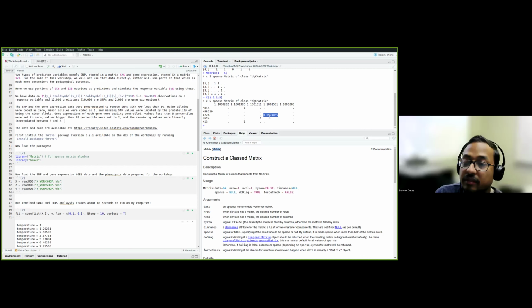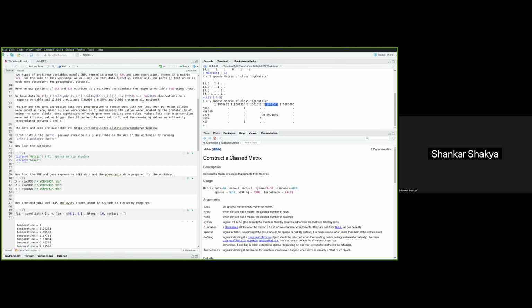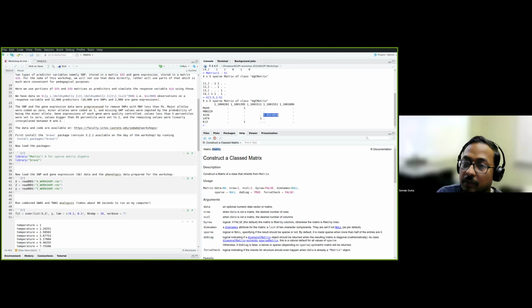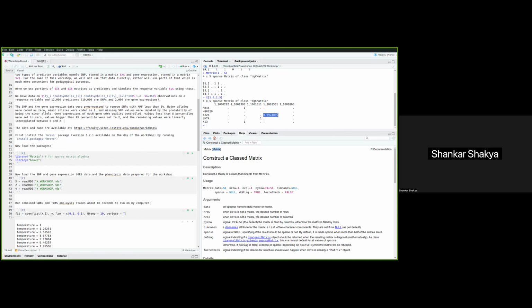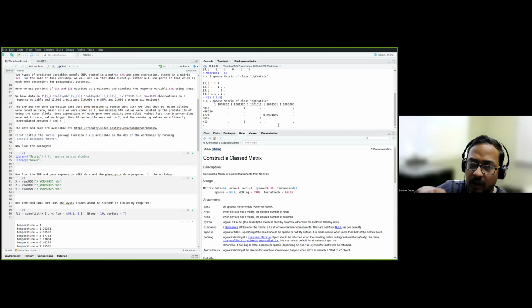So these were missing values and they have been imputed. For genotype 4226, in this particular chromosome, it was missing. And this is the probability that this particular marker has a 9.2% chance of being a minor allele. The imputation was based on nearest neighbor and LDKNNi.